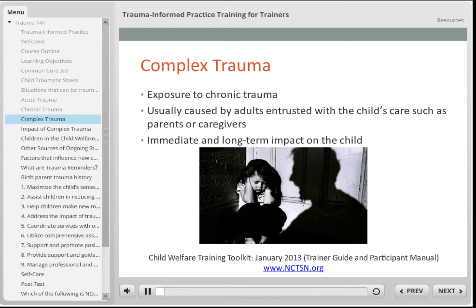Complex trauma is a term used by some experts to describe both exposure to chronic trauma, usually caused by adults entrusted with the child's care, such as parents or caregivers, and the immediate and long-term impact of such exposure on the child.